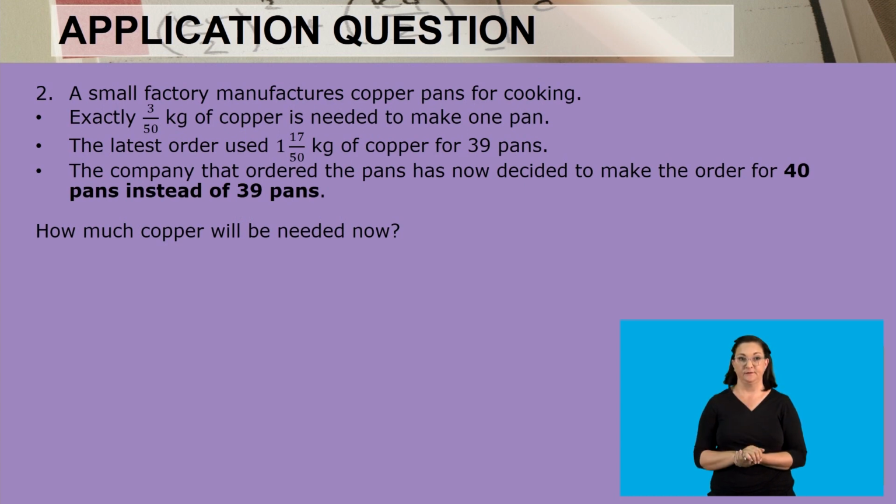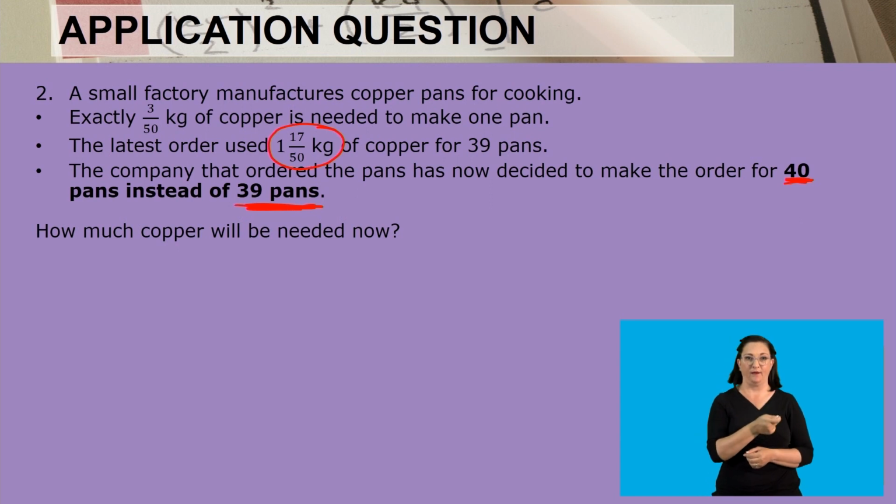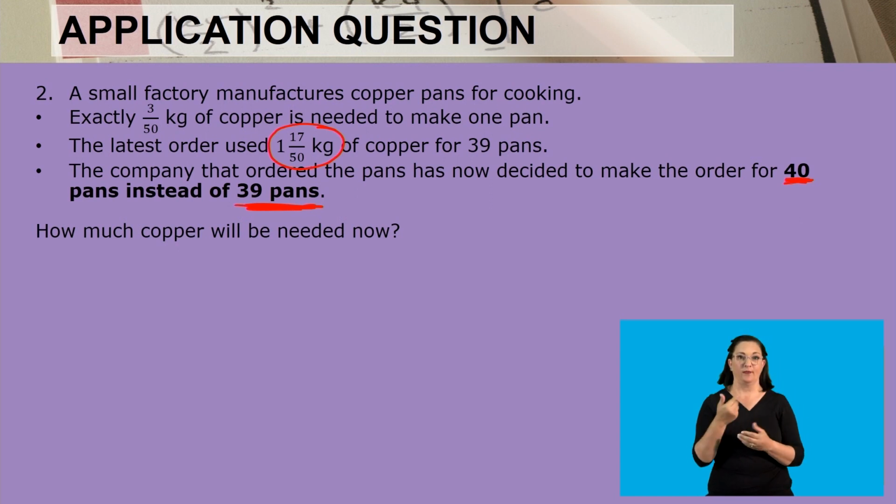The company that ordered the pans has now decided to make the order 40 pans instead of 39 pans. So the total that we have here is for 39 pans. But now the company needs just 1 more pan, because from 39 pans, we just add 1, then we have the 40 that they want.